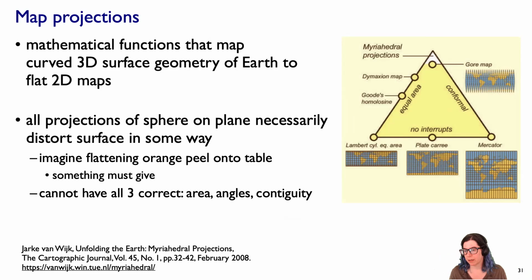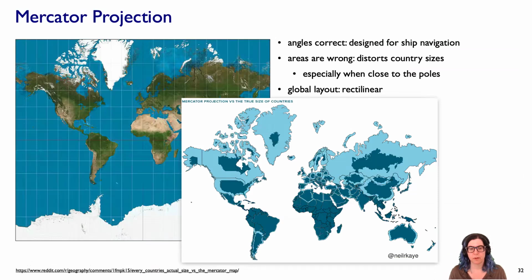And so in Mercator, we have correct angles, whereas in some of the others, we have correct area. So as I said, the Mercator projection, although it's extremely well known, does not preserve the areas. It was actually designed for navigating ships where you wanted it to be easy to get the angles right. And so the areas can be very wrong.